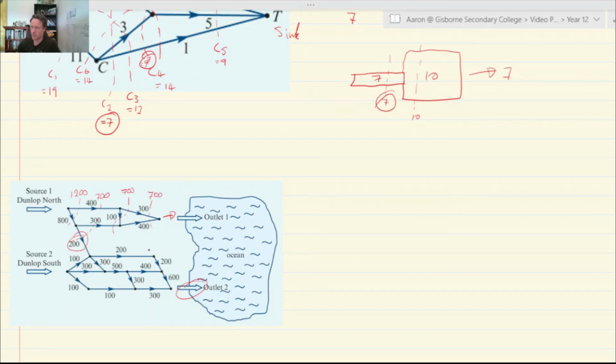Okay, so I can put a multitude of cuts through here, cut through there, okay, and add them up. Then you would add up both of those and find the total capacity of the system. So the lowest figure from your source 1 and the lowest figure from your source 2.